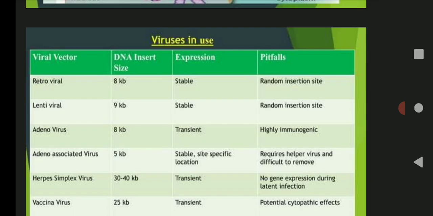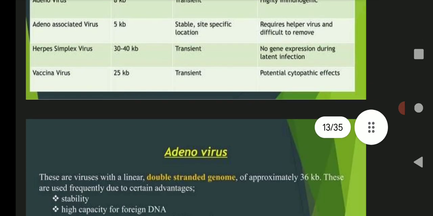Herpes simplex virus can carry or take up 30 to 40 kilobase pairs of foreign DNA, and there is no gene expression during the latent infection condition by this herpes simplex virus. Vaccinia virus is the largest virus, which can carry 25 kilobase pairs like herpes simplex virus, and potential cytopathic effects are carried out by this virus.